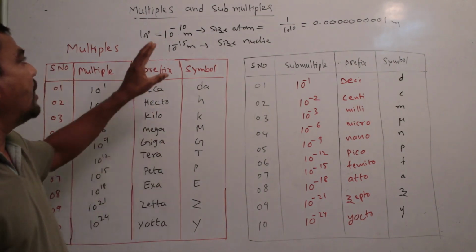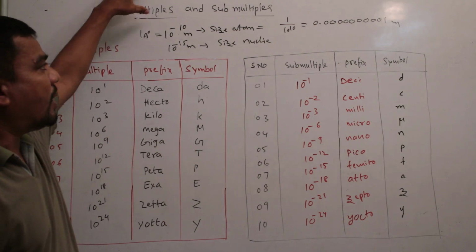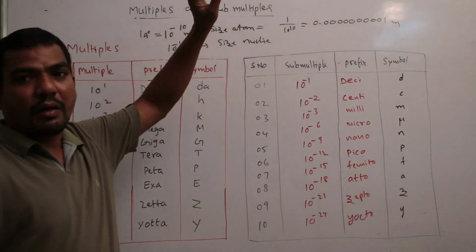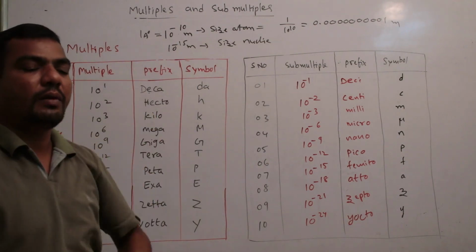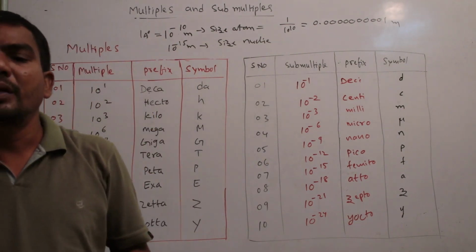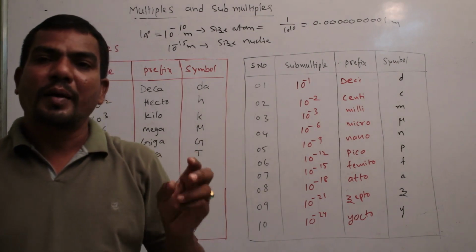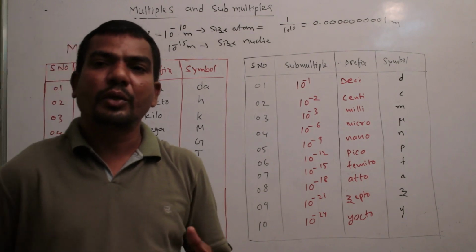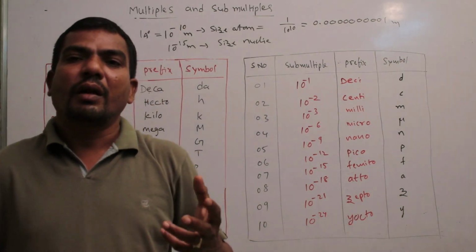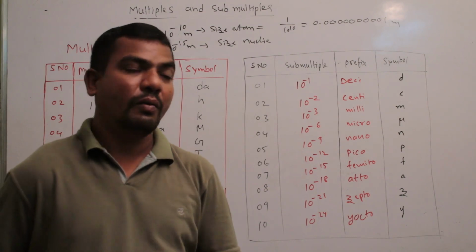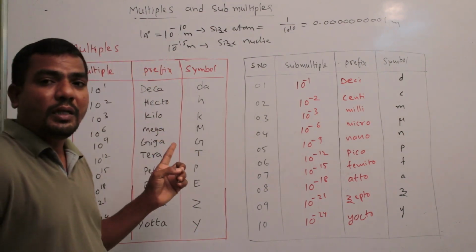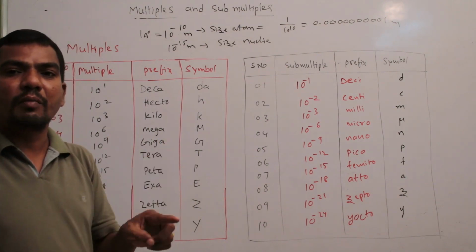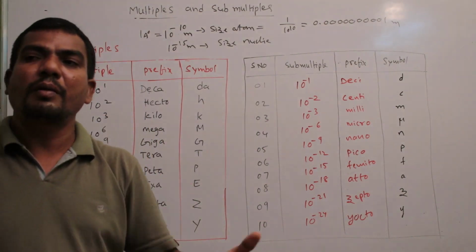So what is a multiple and what is a submultiple? Units which are used to measure very large numbers are called multiples.